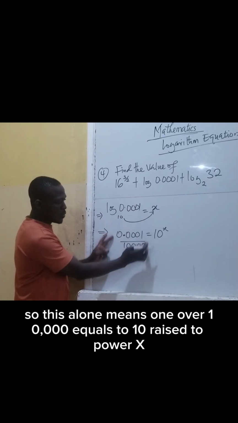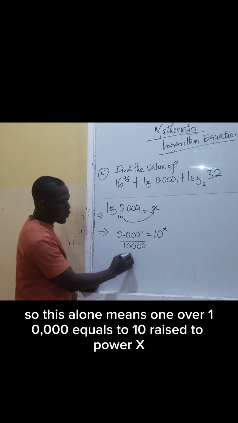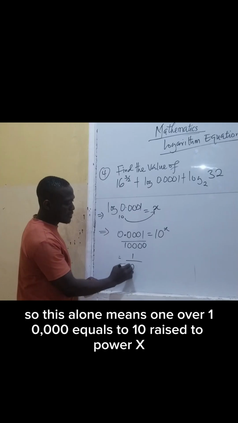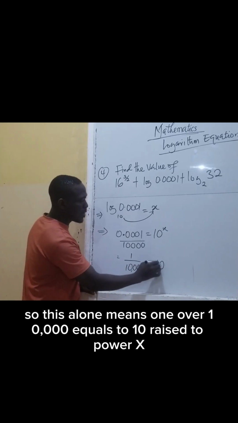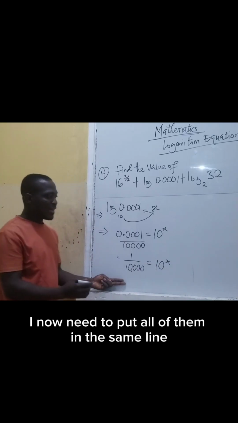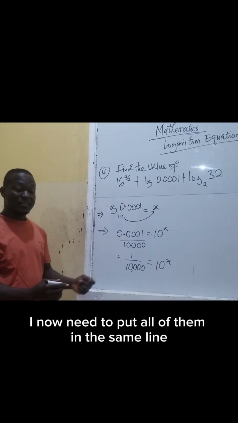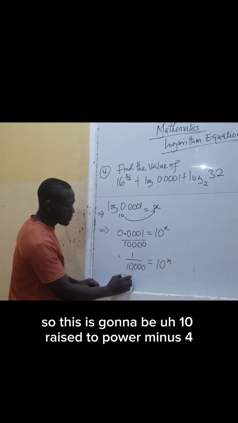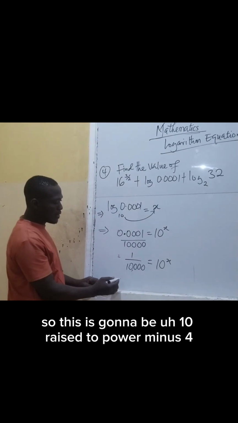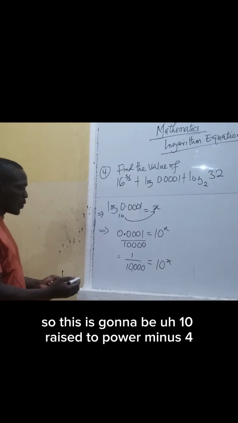So this alone means 1 over 10,000 equals 10 raised to power x. I now need to put all of them on the same line. So this is going to be 10 raised to power minus 4.